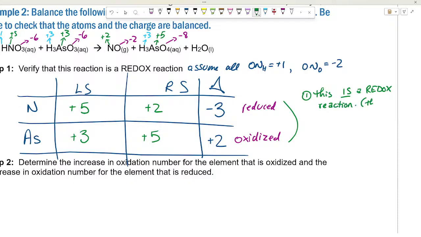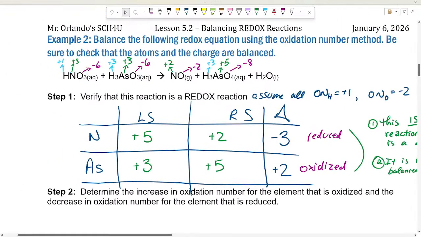All right, there is a delta in oxidation number, all right? But the second thing it tells us is it is not what? It's not balanced. Can you see that?